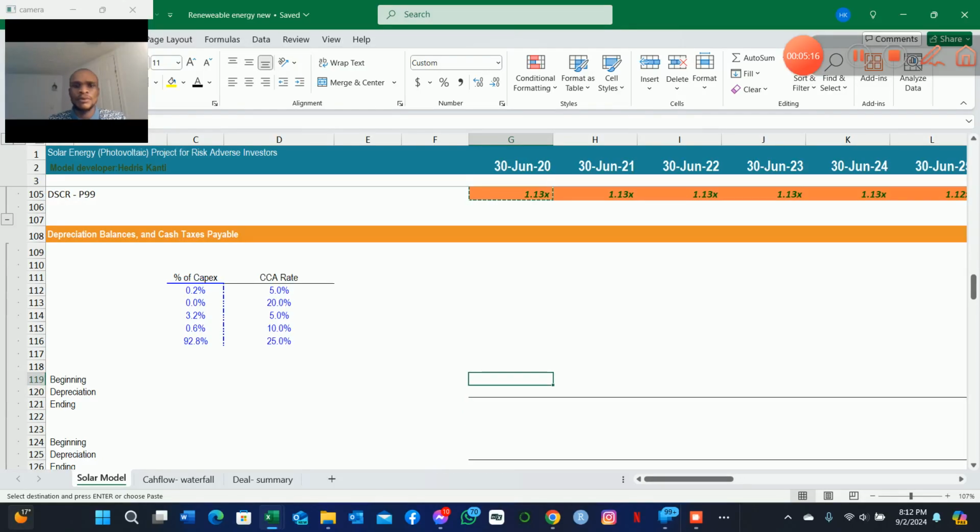For us to do this, the first thing we have to do is to account for the capital expenditures that will be depreciating over time as allowed by the capital cost allowance. So we're gonna be doing that in the next video.